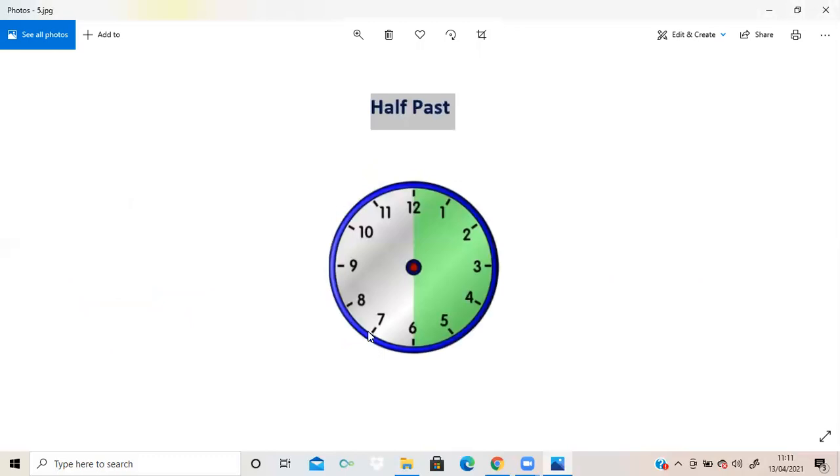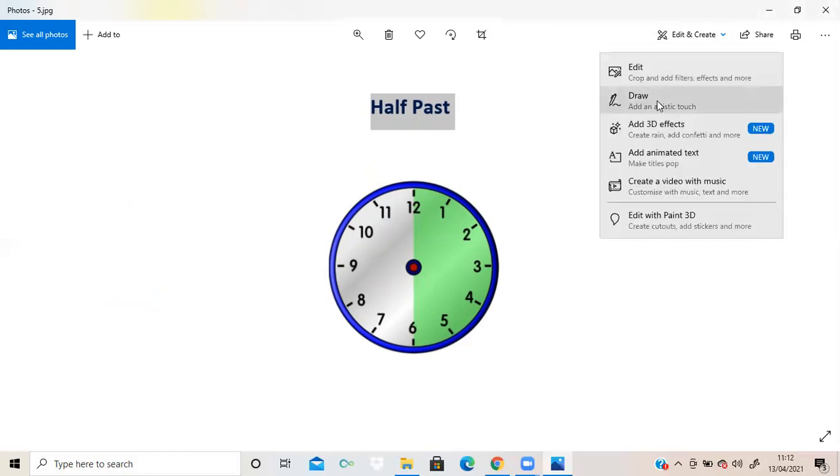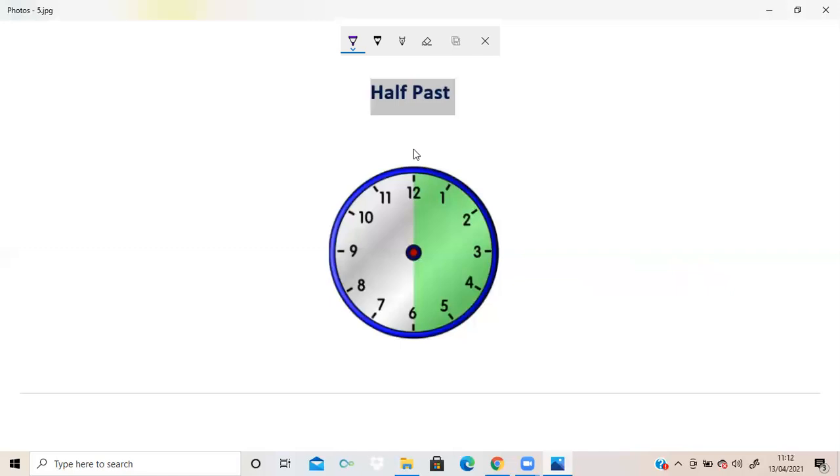The picture I already showed you in my first picture: I colored green on the right part, like this part, and this part is half of the clock. That means if the minute hand is pointing at 6, the time will be half past.